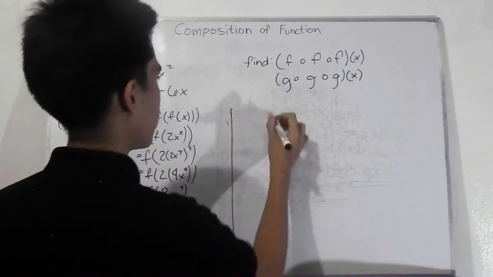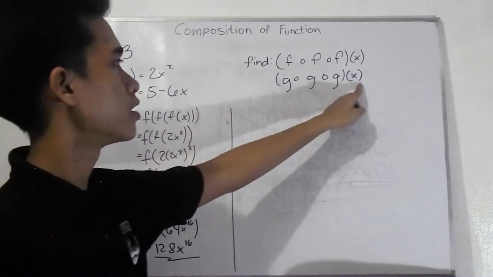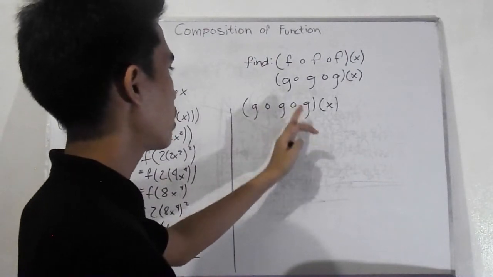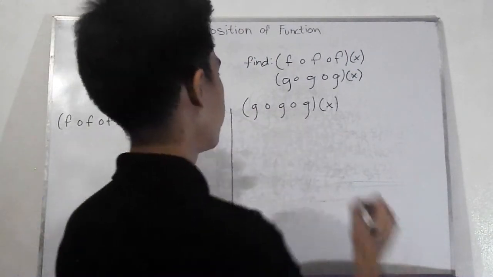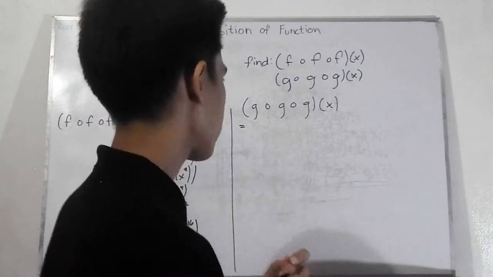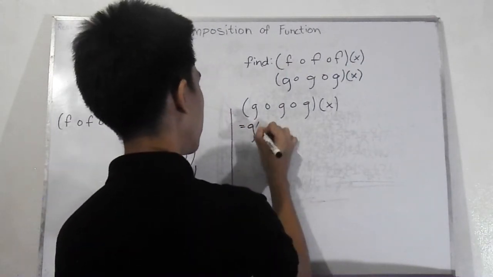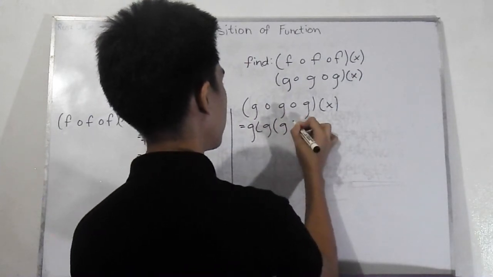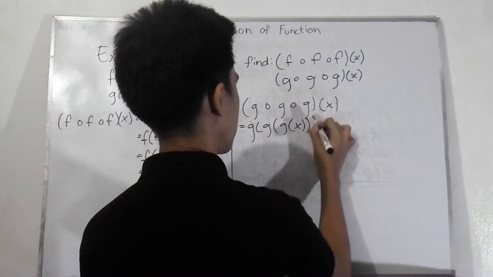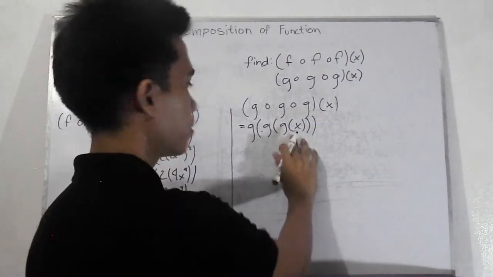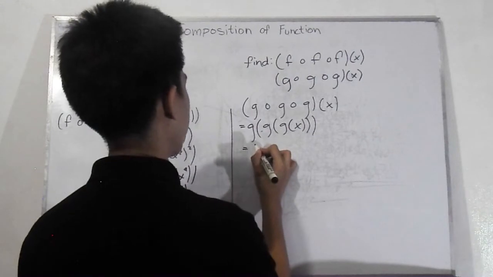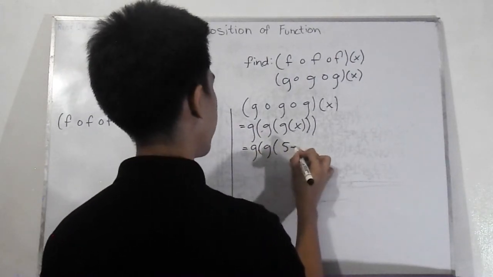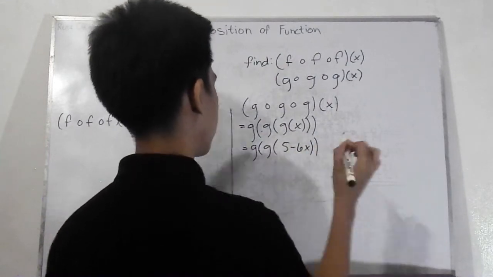Next, find this one. So g composition of g of x. So we will now have g of g of x. So substitute the value. g of 5 minus 6x.